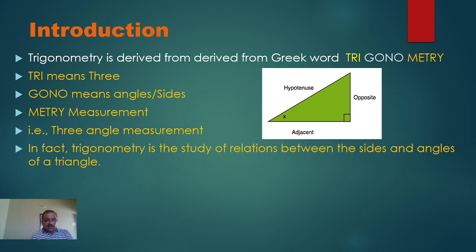Tri means three, gono means angles or sides, and metry is for measurement. In conclusion, we call trigonometry three angle measurement.